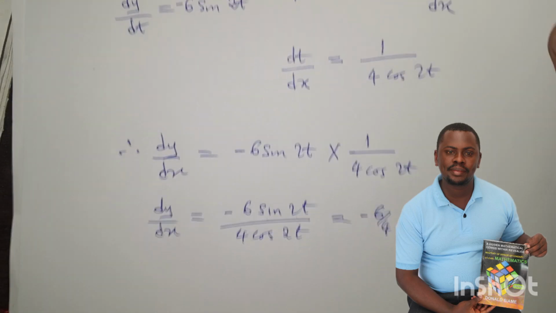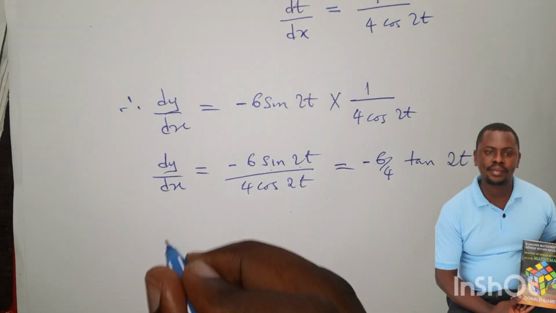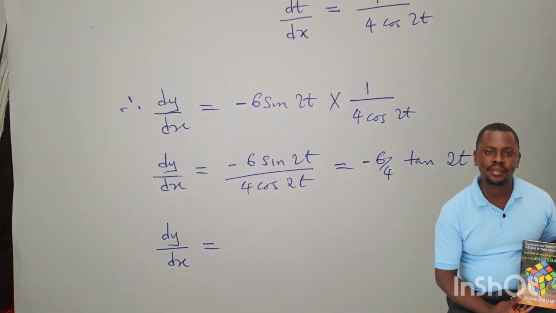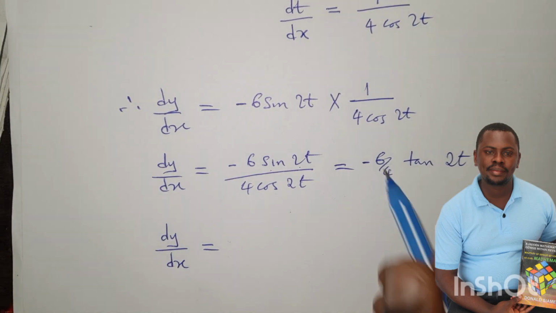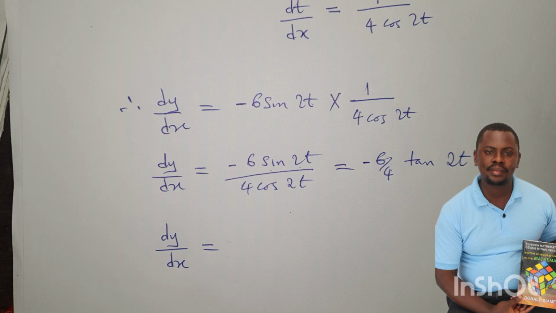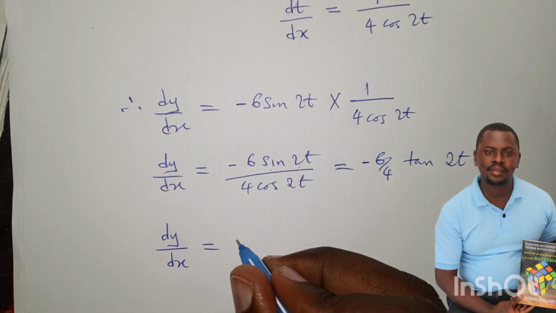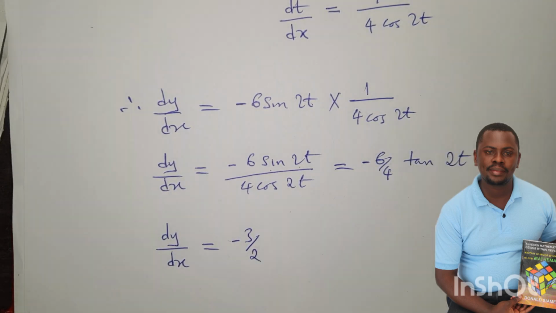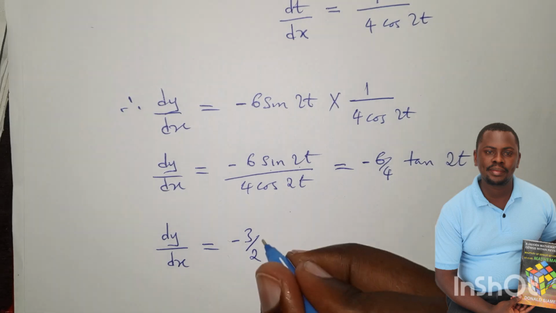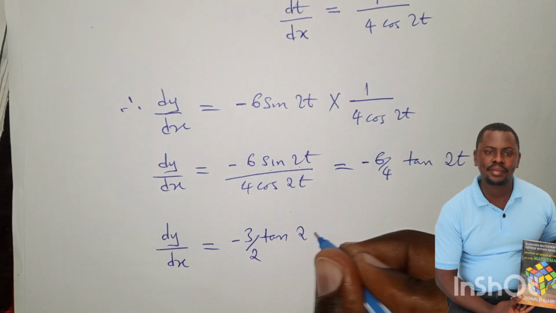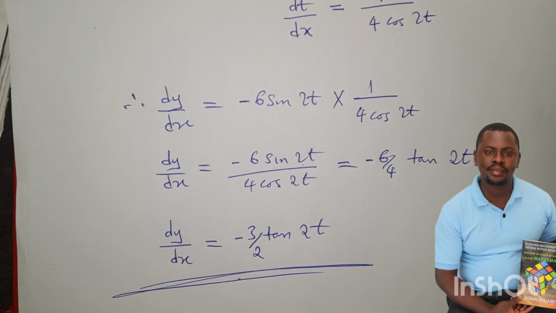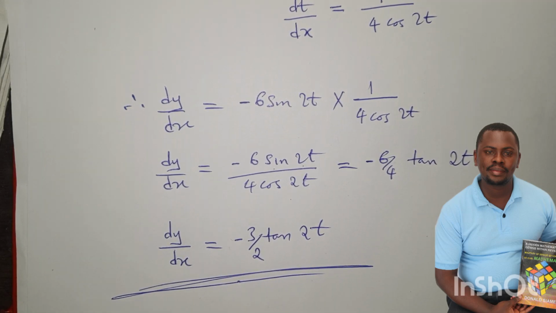Now you can simplify here. The highest common factor for 6 and 4 is 2, so 2 in 6 is 3, and 2 in 4 is 2, so minus 3 over 2 tan 2t. So dy/dx is equal to minus 3/2 tan 2t, and that is our expression for dy/dx.